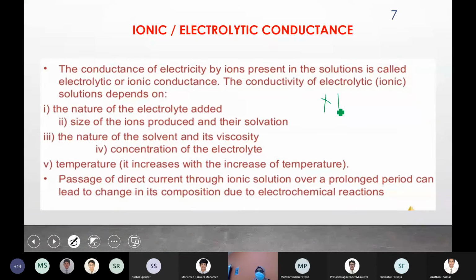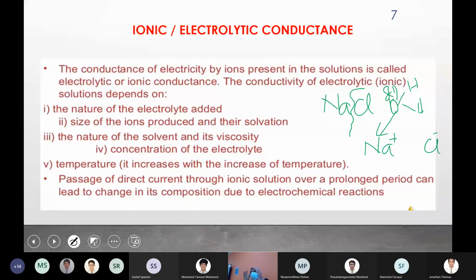Solvation means when you take NaCl solid and add it to the water, the compound will split as Na plus and Cl minus. Due to this positive and negative charge, the solvent molecule, H2O, which contains oxygen and hydrogen, has a polarity on oxygen as negative. So this negative charge can be attracted towards the positive ion.